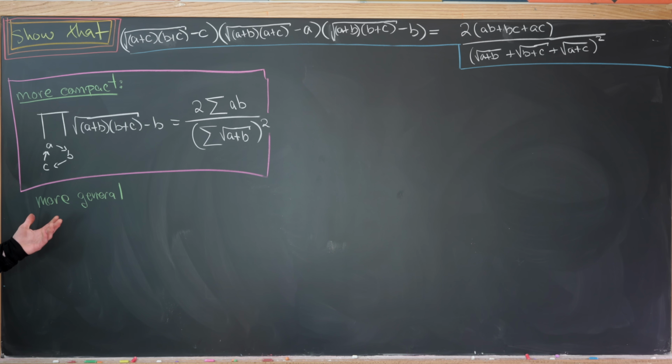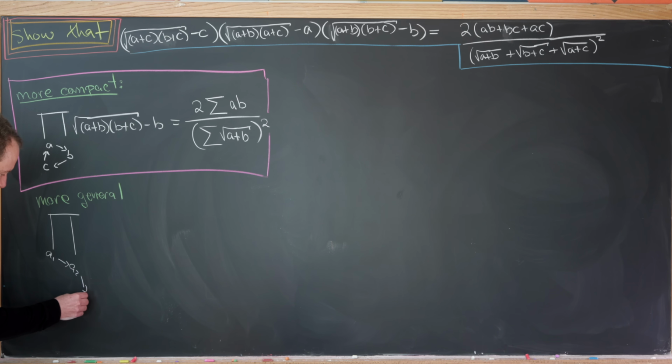So keeping that in mind, I think there's a pretty easy way to write this down in general, and that would be something like this. Let's say we take the product over some sort of permutation where a1 gets sent to a2, which gets sent to a3, which gets sent to a4, all the way around to an, which is sent to a1.